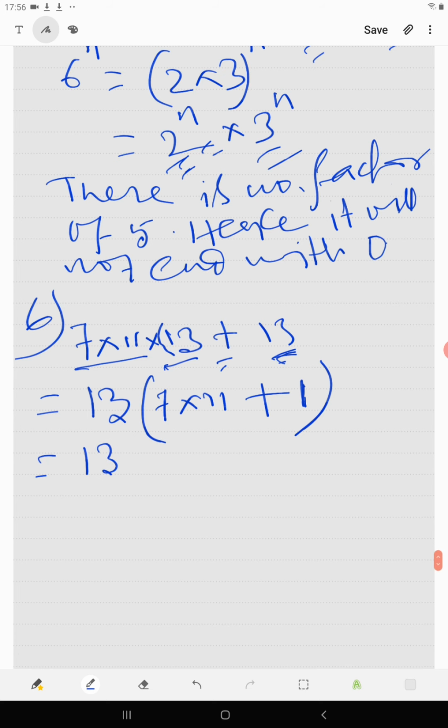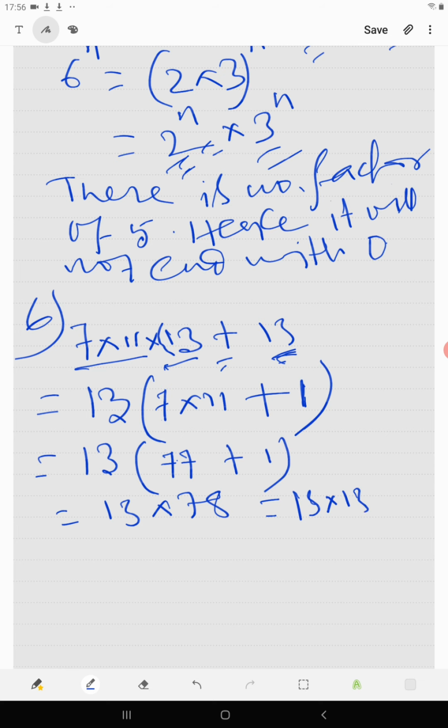So 13 into (7 into 11 is 77, plus 1), that means 13 into 78. Now 78 comes in the table of 13: 13 6s are 78. So 13 into 6, and 6 can be represented as 2 into 3, so we get 2 into 3 into 13 squared, correct?